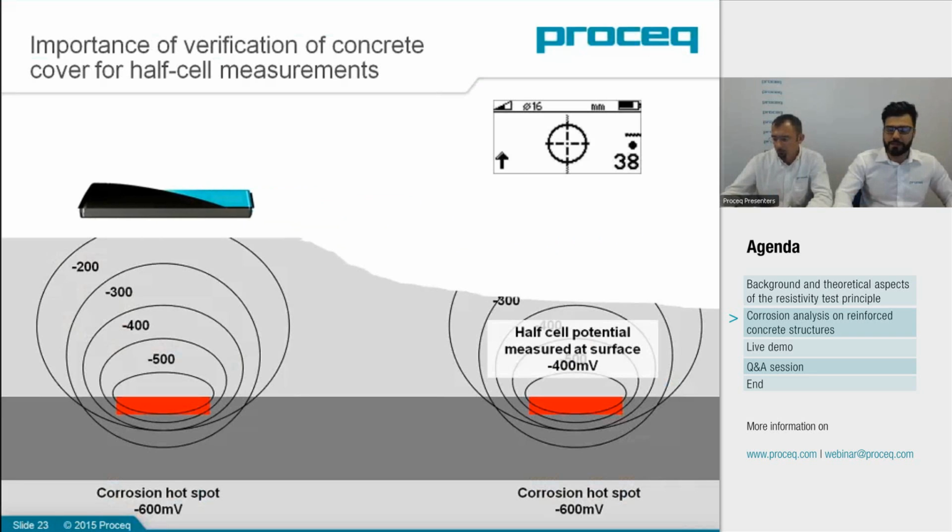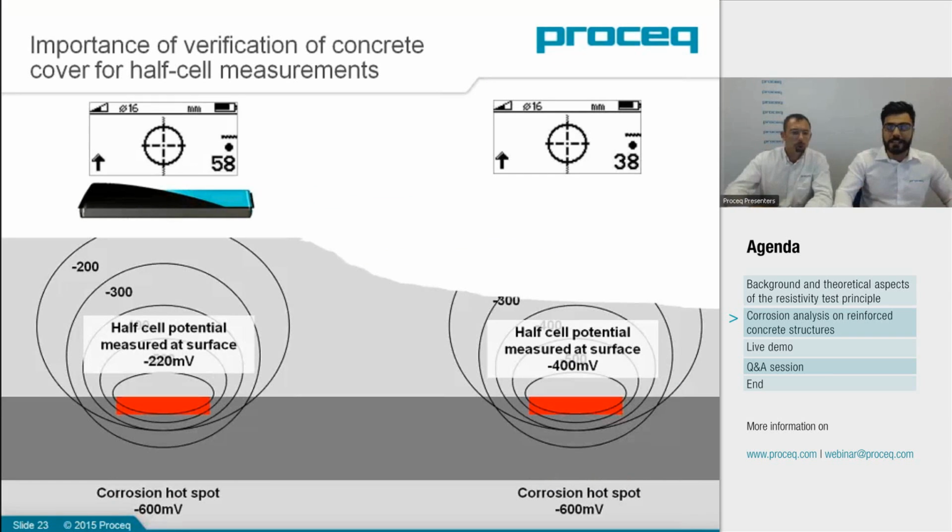But as we do the cover reading on the next area, where the cover is obviously larger, you can see that your half cell potential is far less. So the half cell measurement has to be in parallel to your concrete cover.